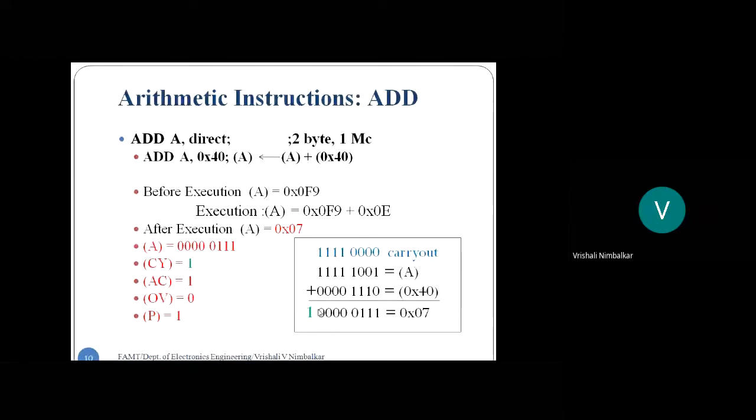Overflow, that's not an overflow, right? All the flags will be set, but it is the programmer to decide whether you should consider auxiliary carry. Yes, if you are doing BCD arithmetic. If you are doing binary arithmetic, ignore the auxiliary carry. Binary addition, I don't need auxiliary carry.